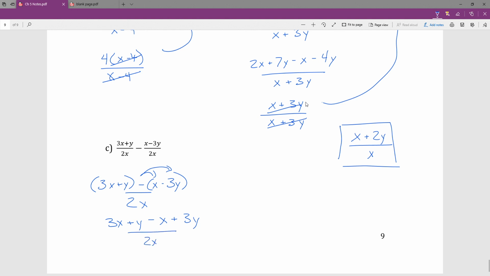And gathering my like terms on the top, I'd have a 2x plus 4y all over my 2x. Simplifying this, I'd take a common factor out of the top. So a 2 is common to those two terms, and taking that out, I'd be left with an x plus 2y all over 2x. And here it's just the 2's that cancel, bringing me to my final answer of x plus 2y all over x.